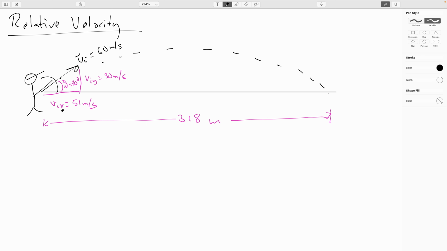And I want to focus on the fact that the initial horizontal component was 51 meters per second. And that's because I want to put to you a question.